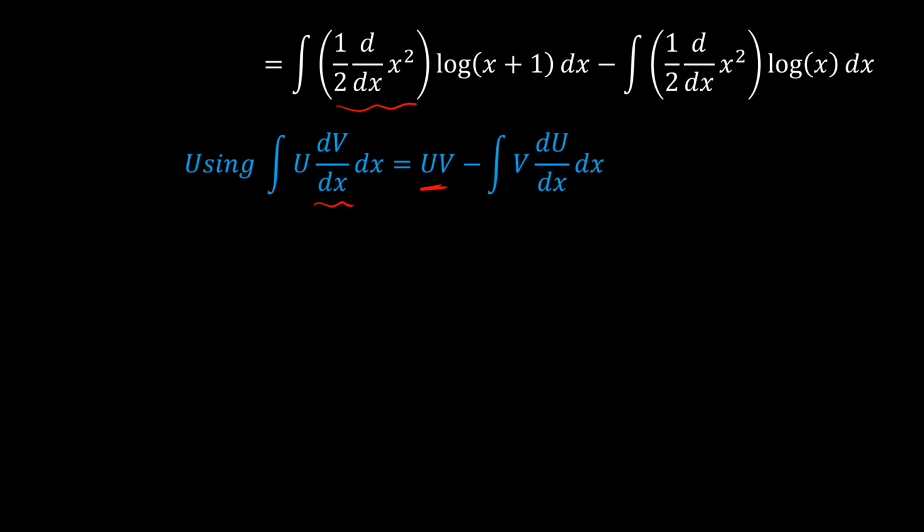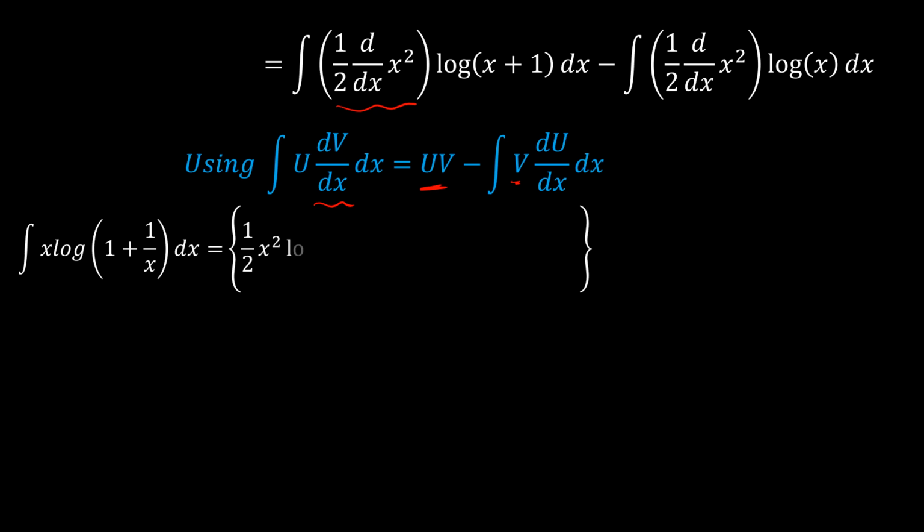Our v definitely is half x squared, and our u is log x plus 1. And then here our v will obviously be half x squared and u log x plus 1, as we've just mentioned. So our two integrals here now can be handled in the following manner.